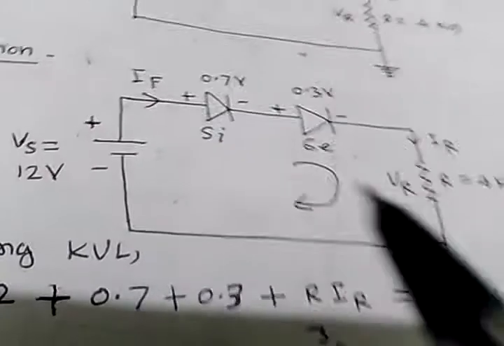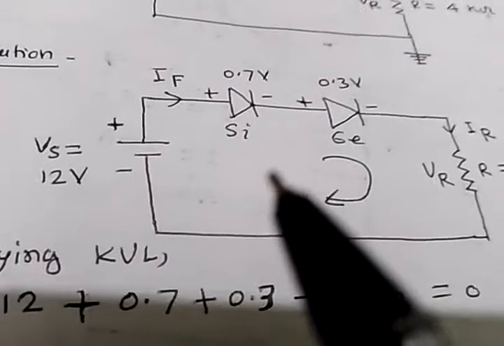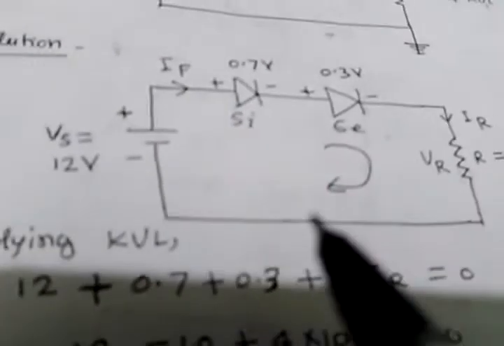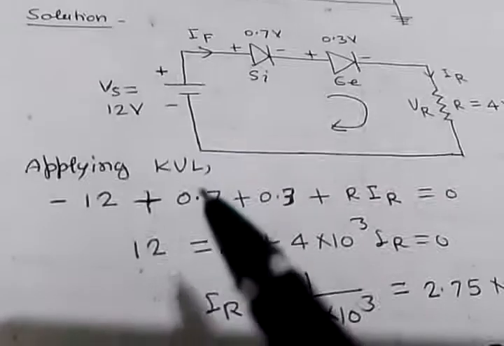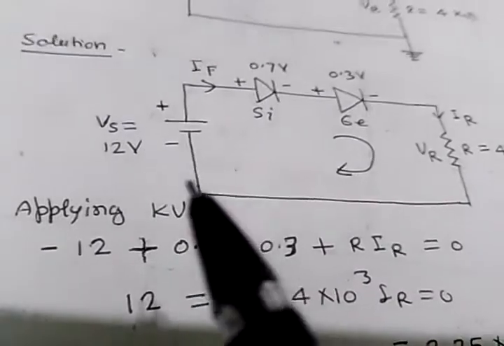Now we have to find VR and current IF. For that we will use KVL, Kirchhoff voltage law. Applying KVL, I am starting from this voltage source around the loop.